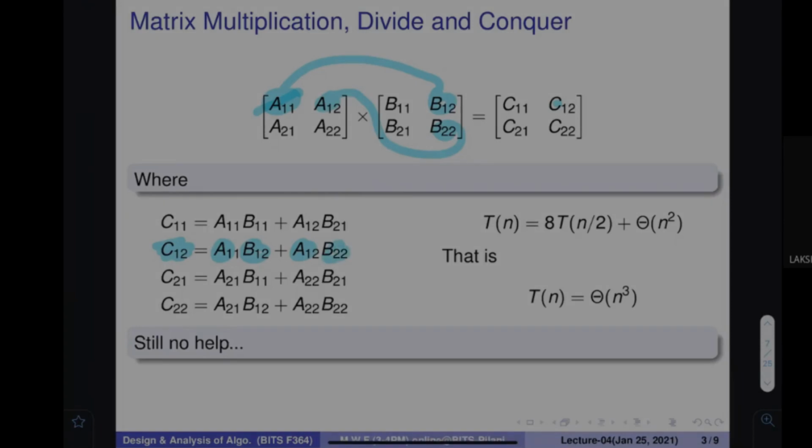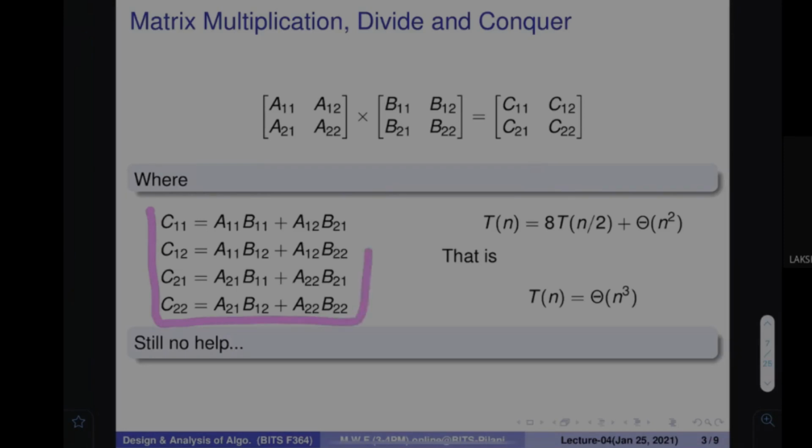I just request you to please check whether the values are written correctly, because typing mistakes are possible. Can everybody verify if there is any typing mistake? Yes, there is a typing mistake. Can you tell me where? C12, C21, C22.